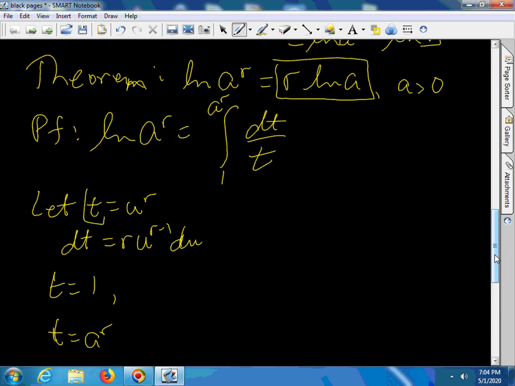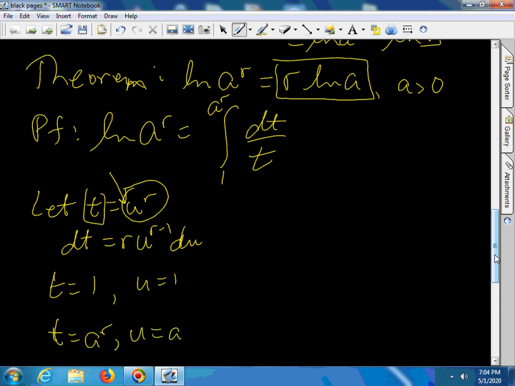Well, if t is 1, what to the r is 1? 1 to the r is 1. So u is also 1. And when t is a to the r, just let u be a, and you'll get a to the r.